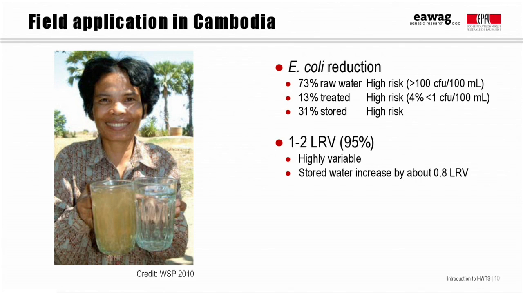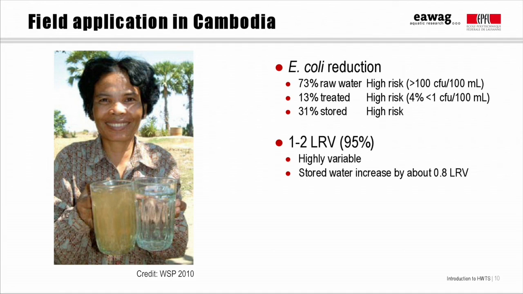Storage introduced recontamination or allowed regrowth, and almost 1/3 of samples were in that high-risk category in the storage container. So on average, there was about 1 to 2 log reduction values, or about 95% E. coli removal, and this was highly variable. It's actually quite complicated to calculate log reduction values because of the large storage volume in the filter.